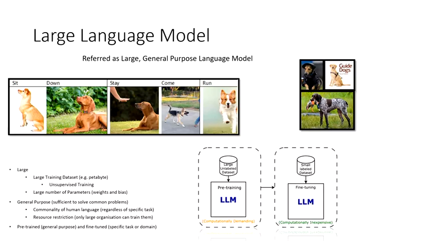So for example, if you have a pet, and then you train it with some general instructions. So for example, sit, down, stay, come, or run, right? So those basic instructions are enough for a pet. Now if you want to use that pet for special service, so for example, police dog, guide dog, or maybe a hunting dog, then you will need to add or train additional instructions so that it can do those specific service.